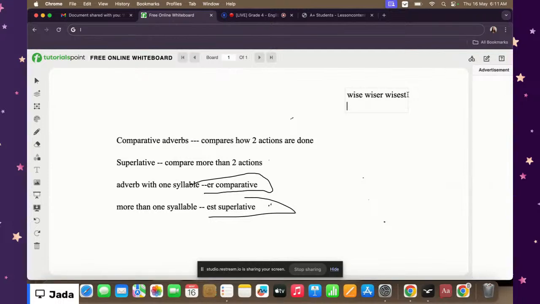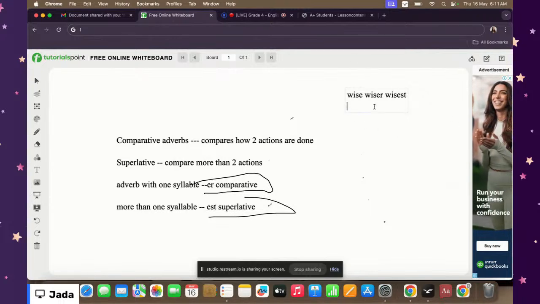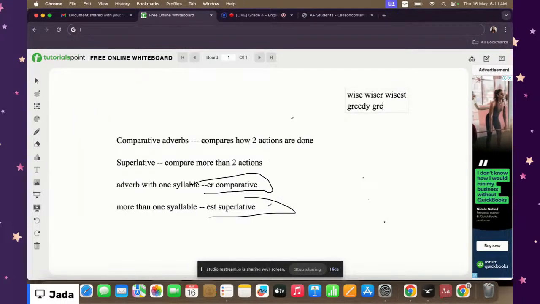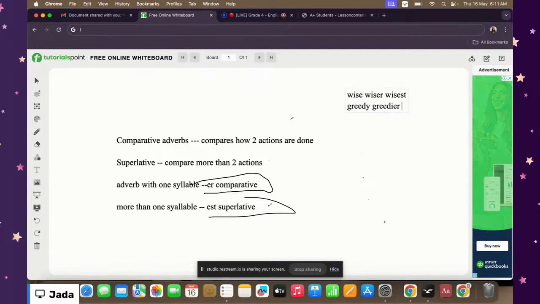So we all know here that the comparative is the one with er, and the superlative is est. Okay, so we can also have words like this. We can have greedy as the base word, greedier as the comparative, and then greediest as the superlative.